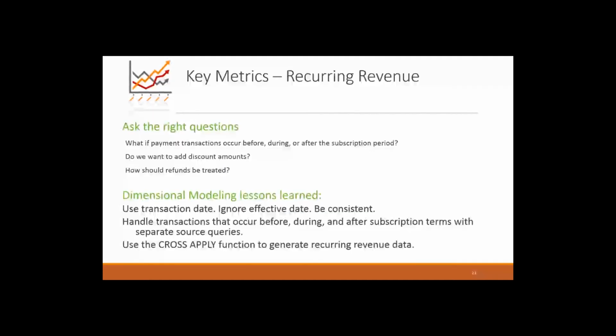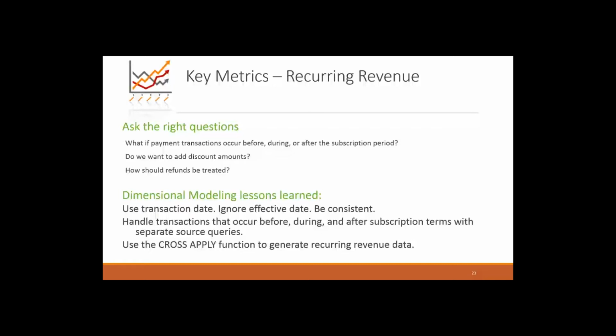Now, for recurring revenue, you're going to want to ask some questions again with the team, nailing these things out. What if payment transactions occur before, during, or after the subscription period? Payment transactions are usually when the rubber meets the road.